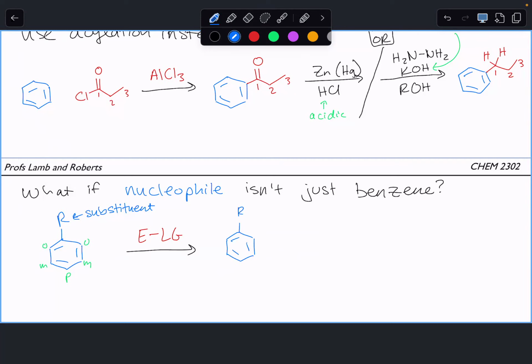I'm always going to draw my R group on the top, but I could have my electrophile in the ortho position. I could have my electrophile end up in the meta position. Or I could have my electrophile end up in the para position.